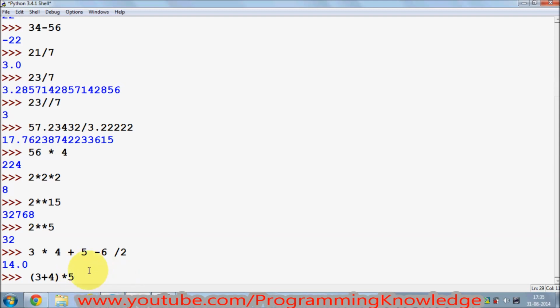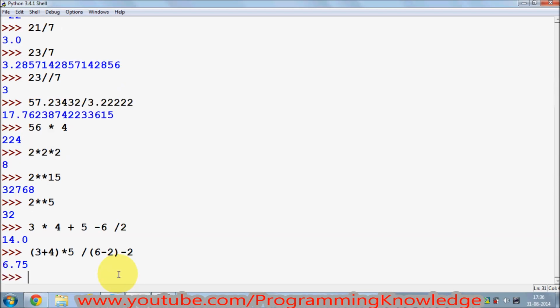And then the order will be like PEMDAS, if you can remember. So for example, I want to do something like this: divide by 6 minus 2, then the parenthesis priority will be first, and then the multiplication, and then the division, and if you have some subtraction, then this will happen at the last, okay.